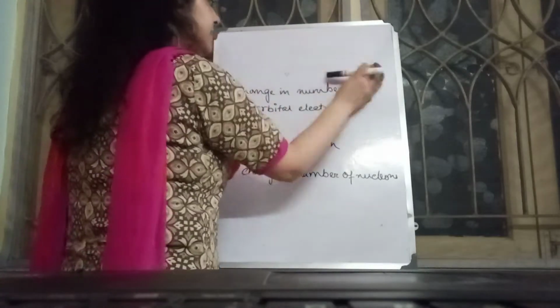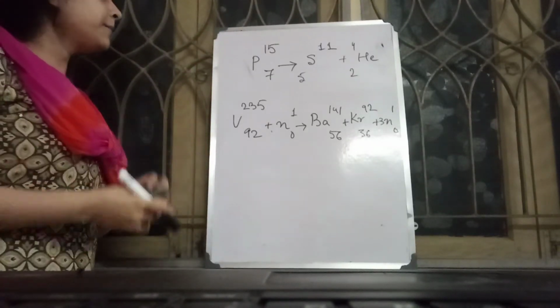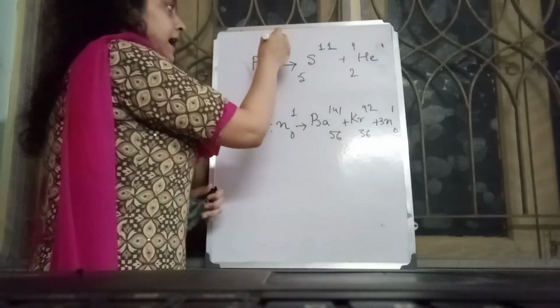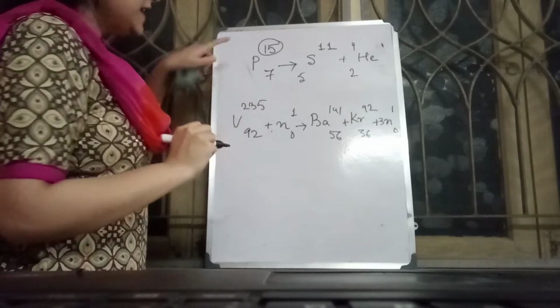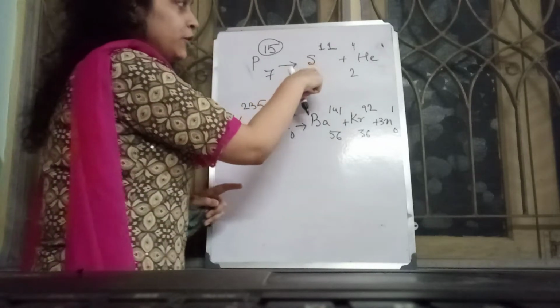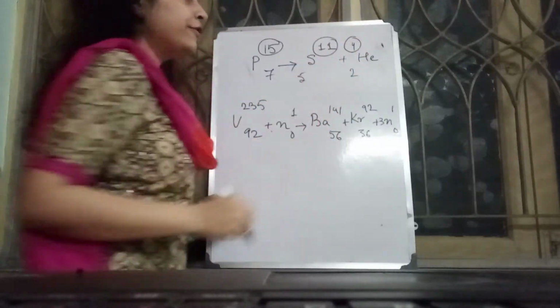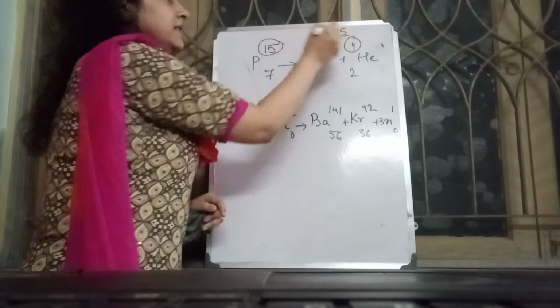I'll just give you an example. Just see the examples. See the first one, mass number 15. After the reaction, we have two products, 11 plus 4, 15. That means the mass number remains conserved.